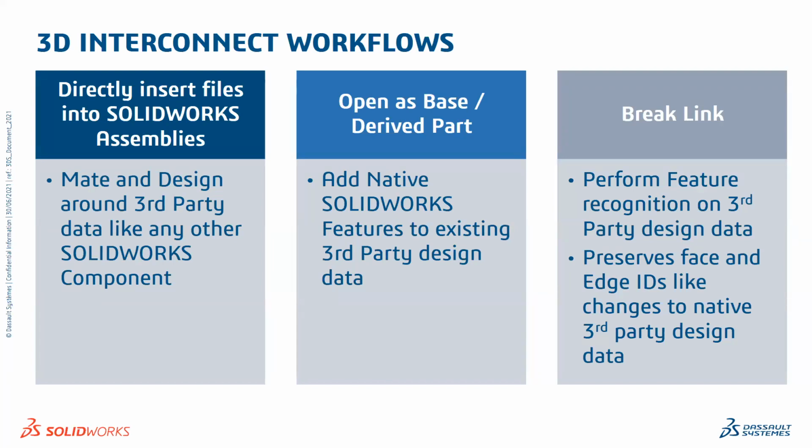This will ask you to perform feature recognition. We can use feature recognition effectively, so that most of the features will be recognized. As I already said, even after breaking the link, we can have the faces and edge IDs preserved as they are, so that when the native CAD file is going to change, we can also easily implement it using 3D Interconnect.